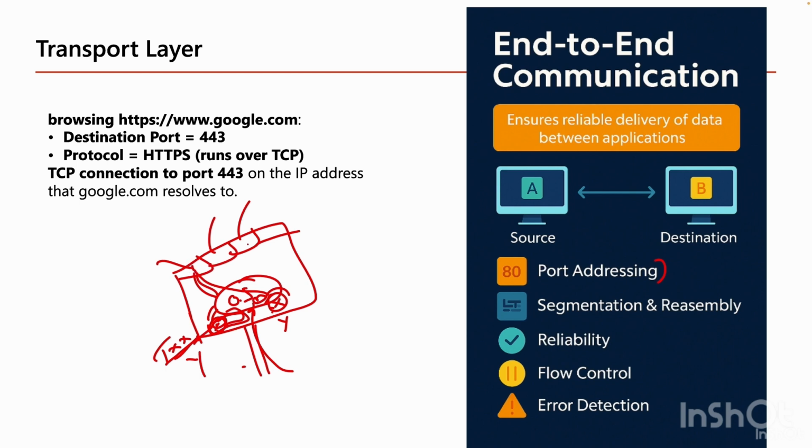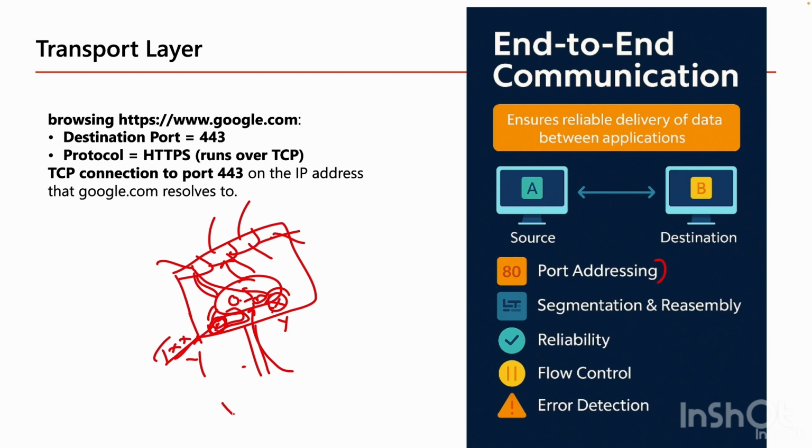Okay, so you have many tabs open, everyone gets a different port address, and once they receive the data, the network layer asks the operating system to verify whose port it is, understands which tab gets the data, and forwards it to that particular tab. So that is port addressing.